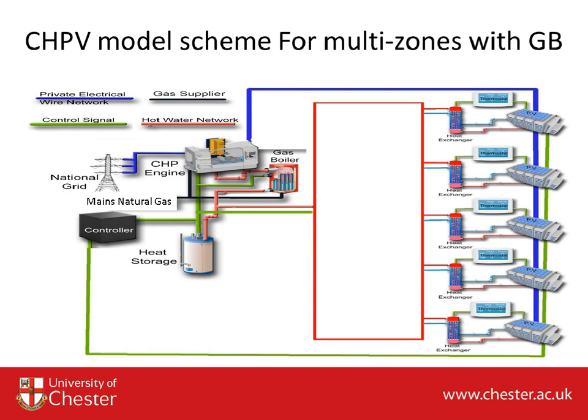Let's have a look at storing electricity. However, heat storage is much cheaper than electrical storage. Electrical storage is now retailing at something like £700 to £800 a kilowatt hour, and thermal storage is retailing at £50 a kilowatt hour. So heat storage is much more cost effective.